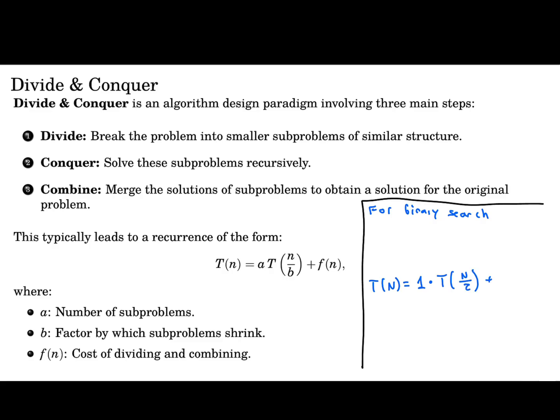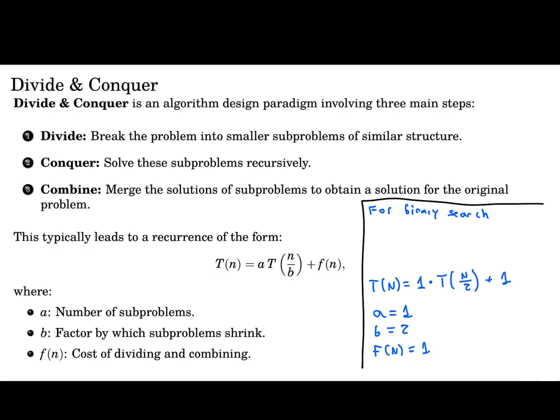And then there was one cost that you had to pay for checking the middle value. That was the extra part outside. In other words, our a here is equal to 1 for binary search because the number of subproblems we use is just 1. The factor by which it shrinks, b, is 2. And the extra cost, in this case, is just a constant, 1.